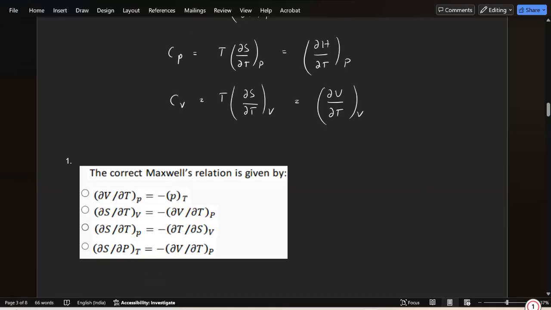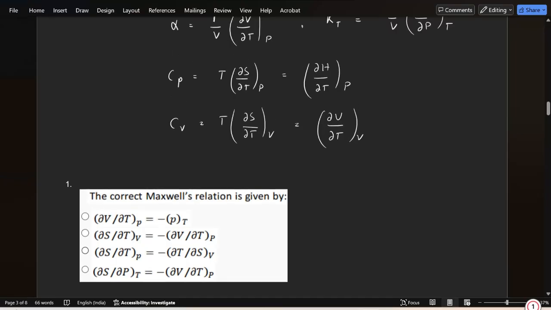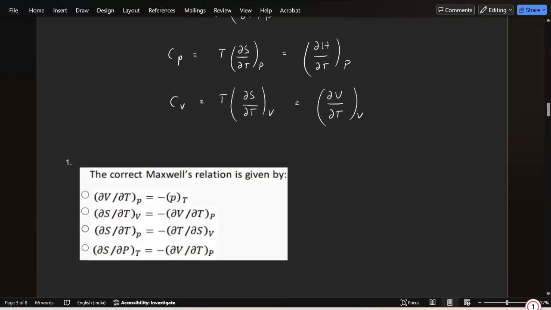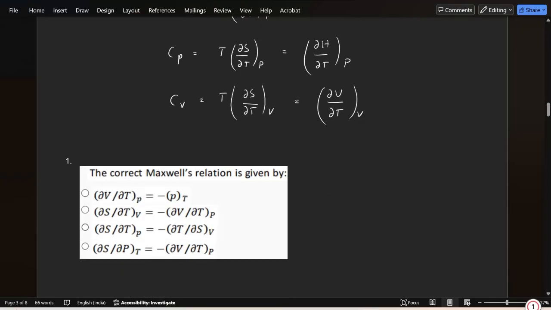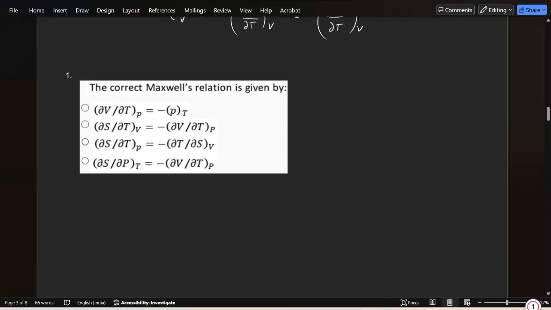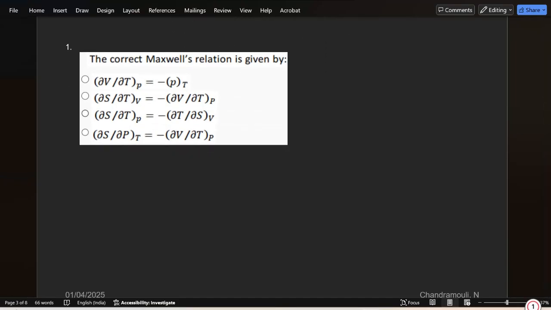So the first question is, what is the correct Maxwell relation? I wrote four equations, so from those four equations we have to find out which of these matches. Okay, fine. There is an easy way of doing it. Sir taught this in class. You consider the four variables S, P, T, V, and write them like this.